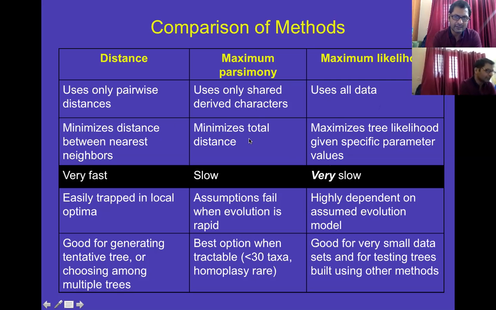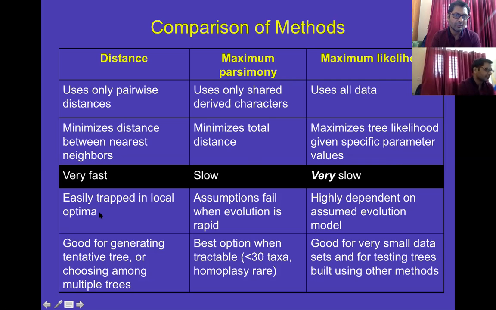Maximum likelihood minimizes total distance and maximizes tree likelihood given specific parameter values. It tries to give the tree more support by using a number of parameters. Neighbor joining is fast and can be done easily. Maximum parsimony is slow and takes more time, and maximum likelihood is very slow.